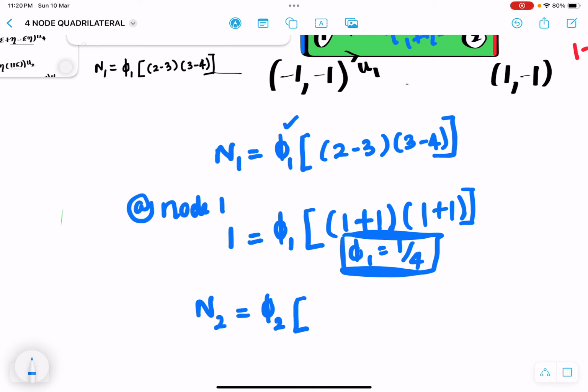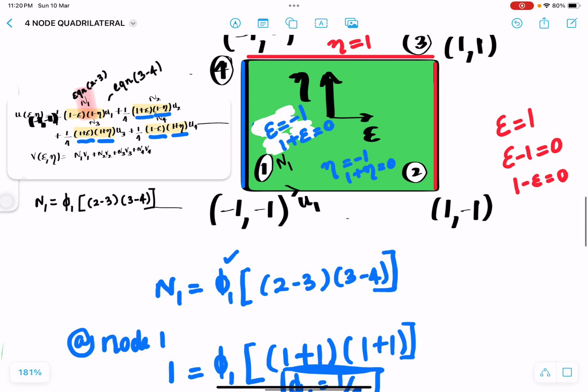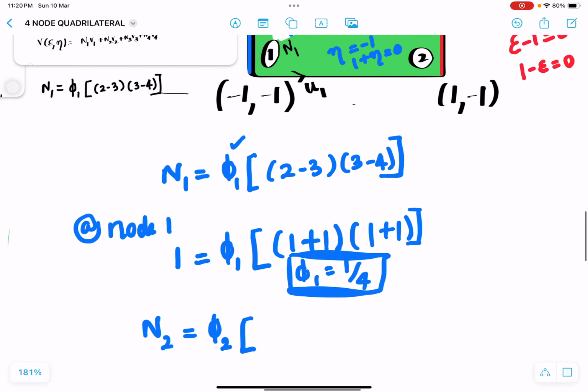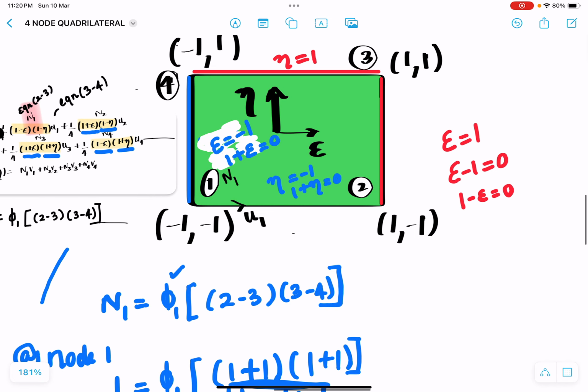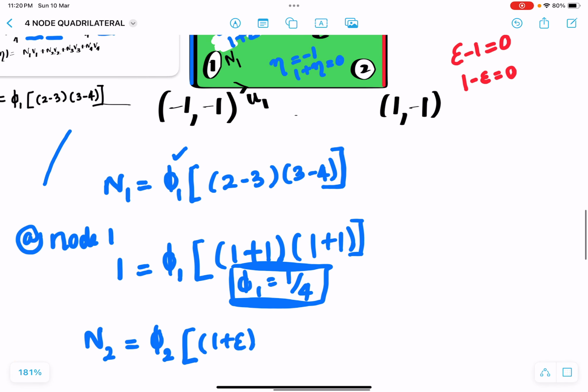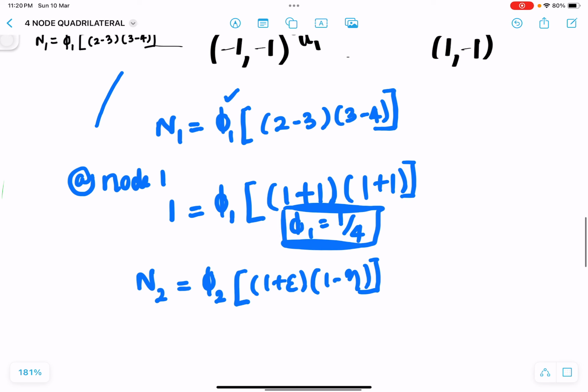It should be the equation of the line 1, 4, in which case it is 1 plus epsilon, and the equation of the line 3, 4, which is 1 minus eta, and at the nodal point number 2, the value is 1 minus 1.